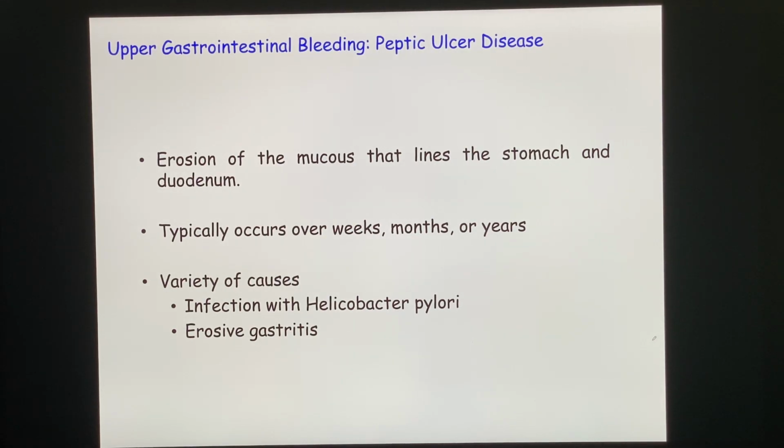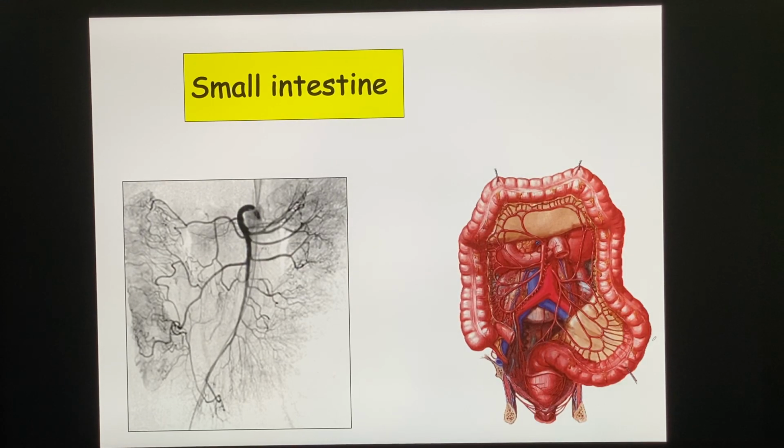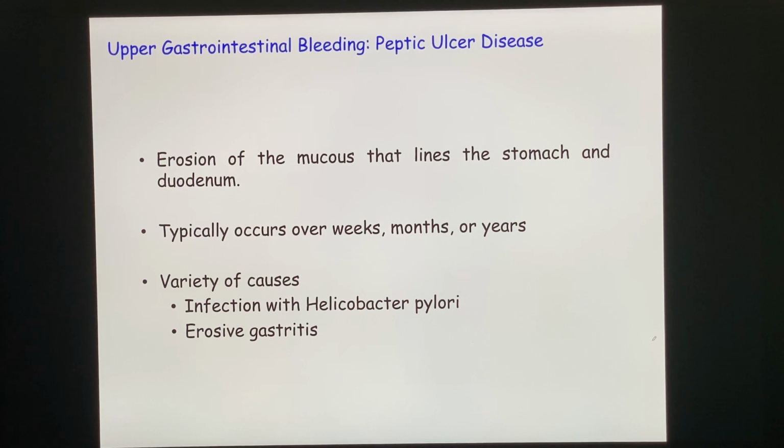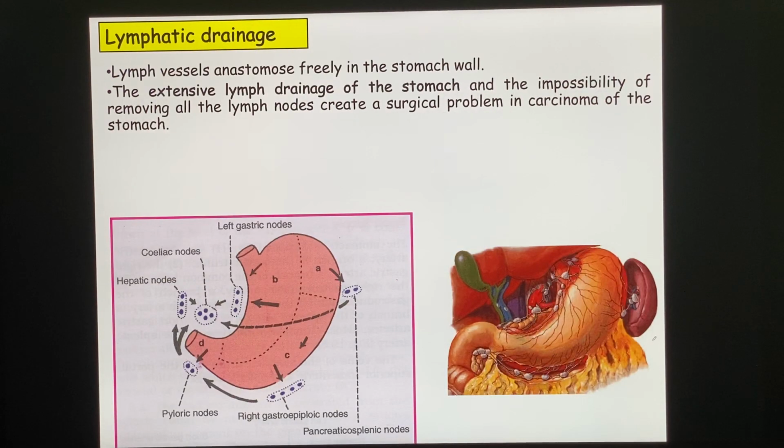Now, what we need to know about the ulcer is, let's go back to one of the pictures. If you look at this part here, if there is an ulcer at this area, right behind this is an artery which is running.